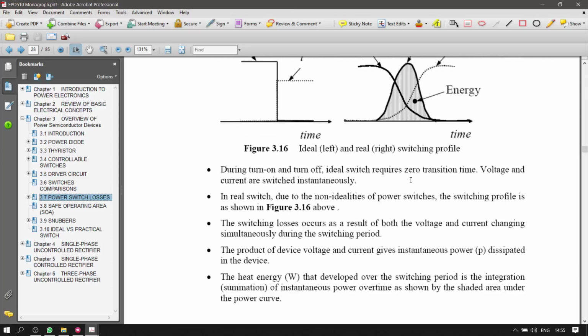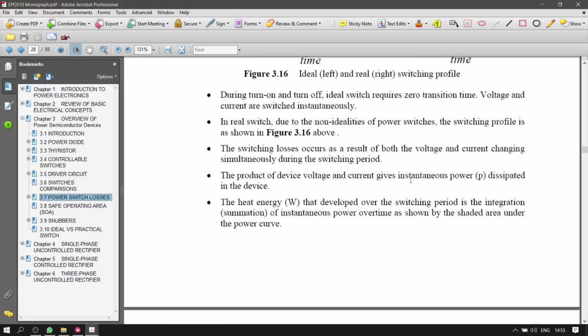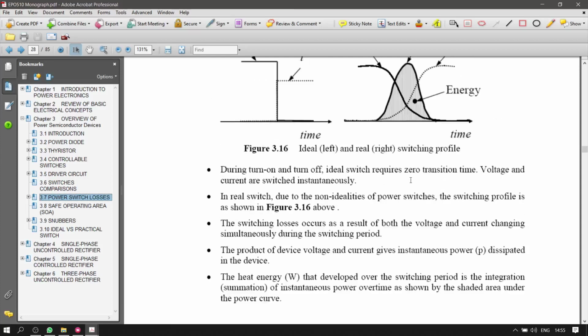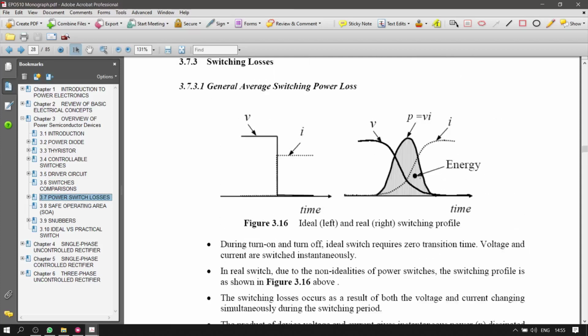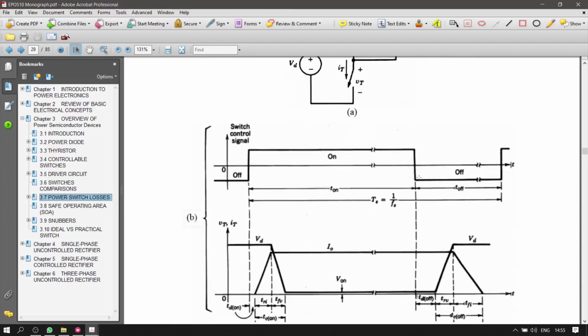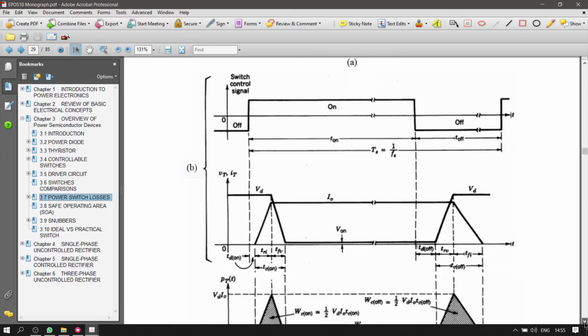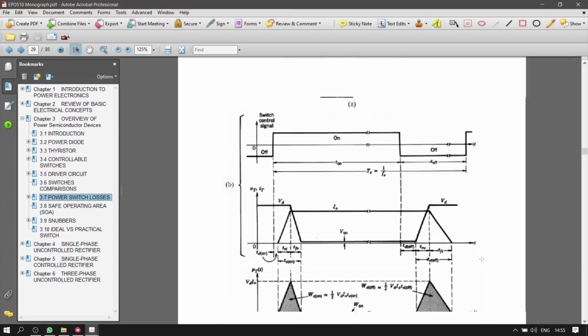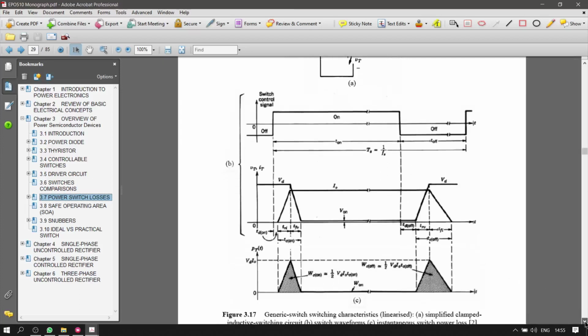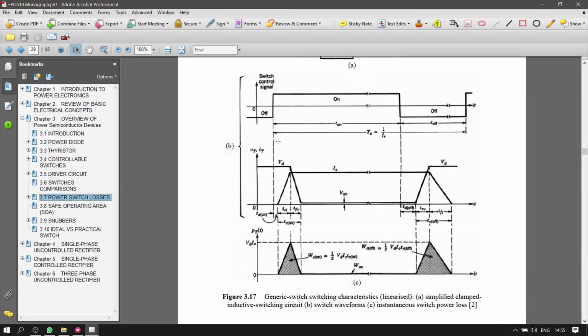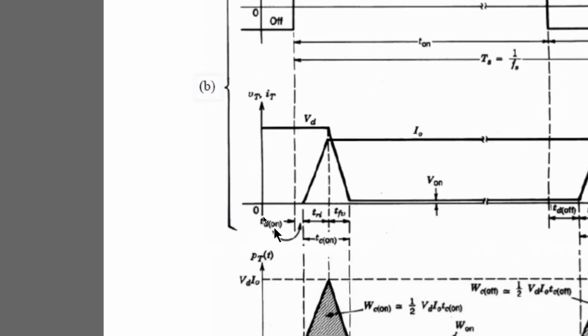There is an example on how to calculate the average, and before that you have to focus on the switching characteristic here. You have to understand what those waveforms are, and what the parameters involved here are.